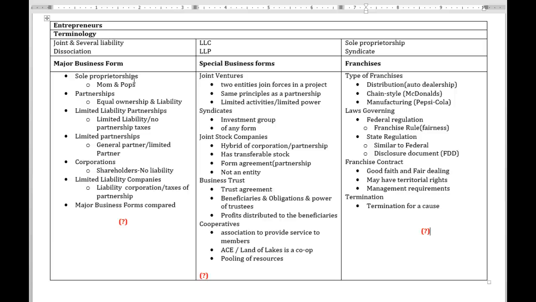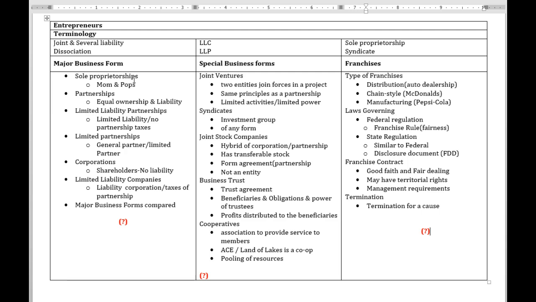Limited liability partnerships, it's limited liability to the general public or to the company, and there's no partnership taxes. The income flows right through to the partner, and they themselves pay taxes on that profit. You have limited partnerships, and that's where you're going to have a general partner who has much more power and several limited partners.